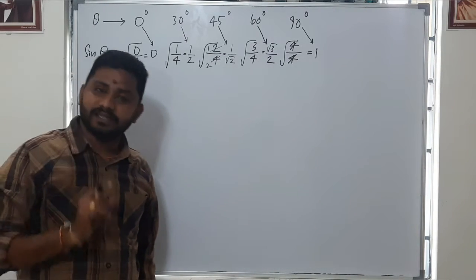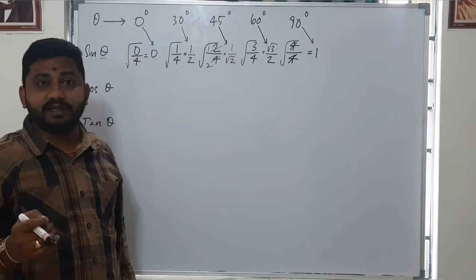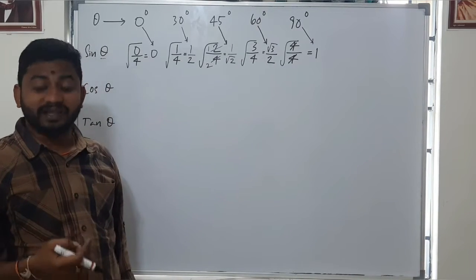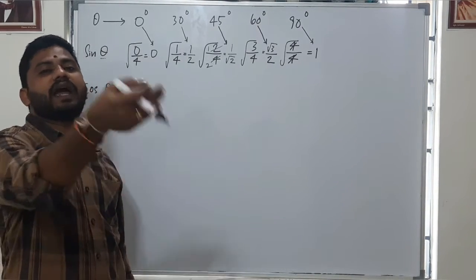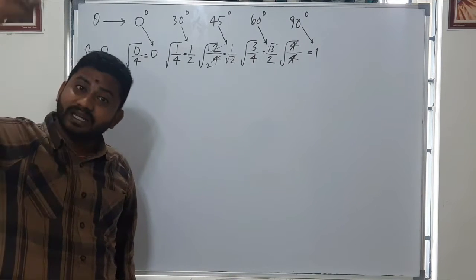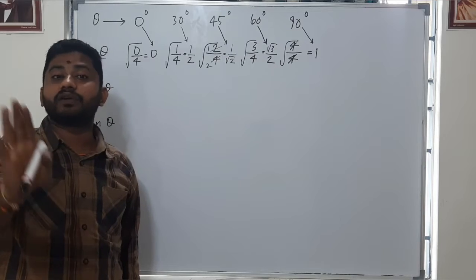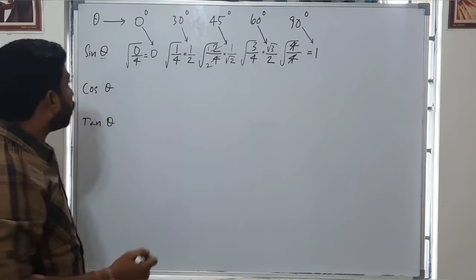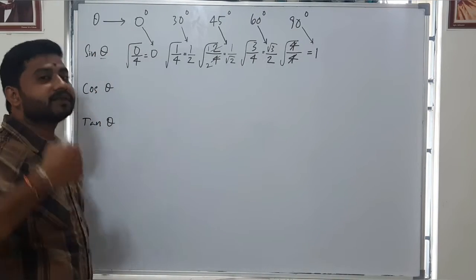Sin is a function. What kind of function? See, the functions will be of two types: increasing function and decreasing function. What exactly is meant by function you will be learning in actual mathematics of your PUC. Right? So, sine is an increasing function.